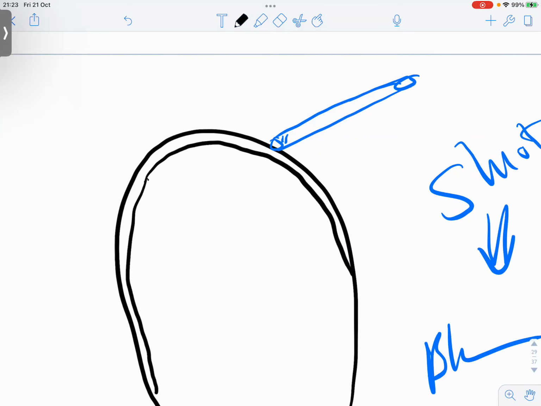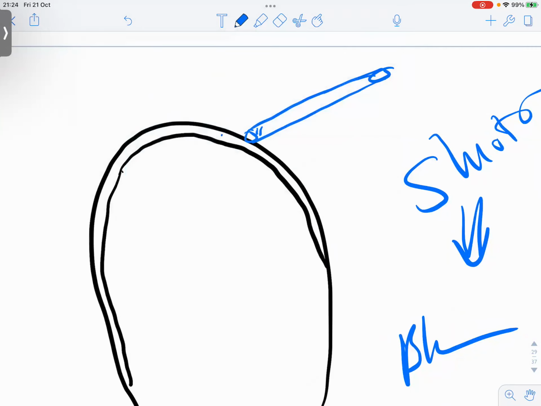So here is the epithelium of the bladder, and here they can settle inside the epithelium of the bladder. And these helminths start to secrete inflammatory products, and they can irritate the epithelium of the bladder.